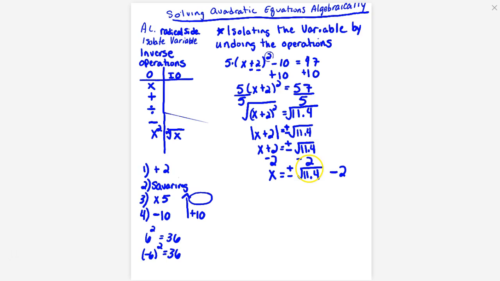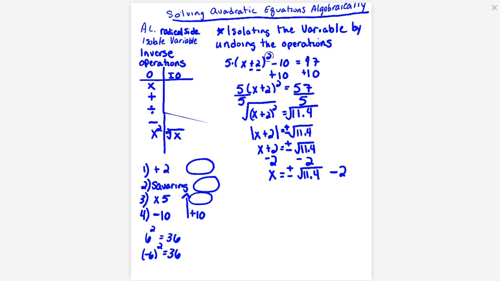So whatever this is positive, minus 2, and whatever this is negative, minus 2, just as if we are solving an absolute value like we did last time. Now I want to go back and check. So finish filling out this table. We took the square root of both sides, and then the last thing is we subtracted 2.